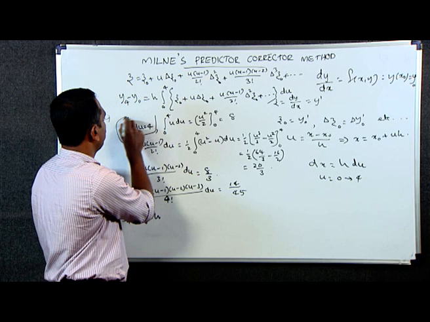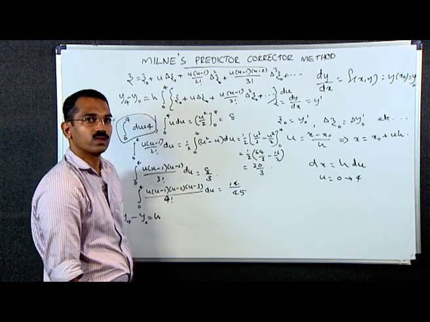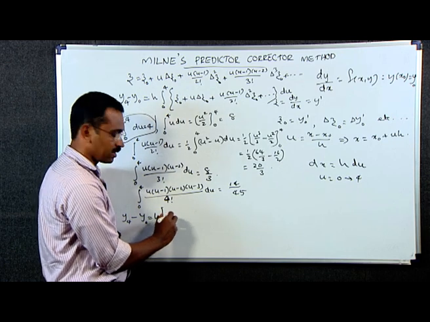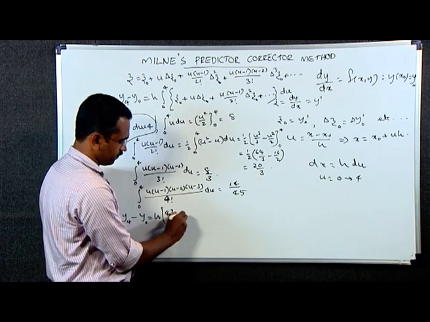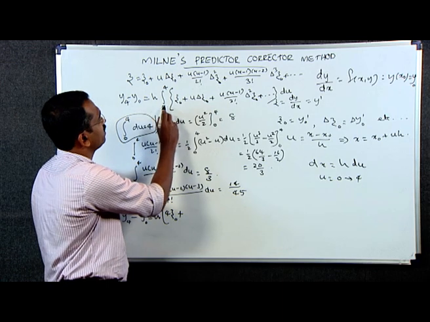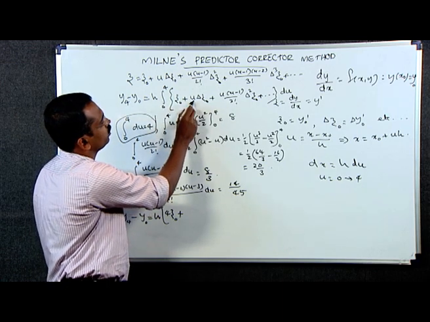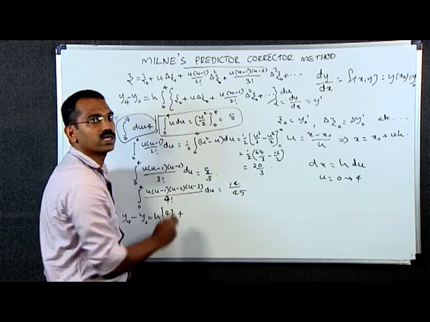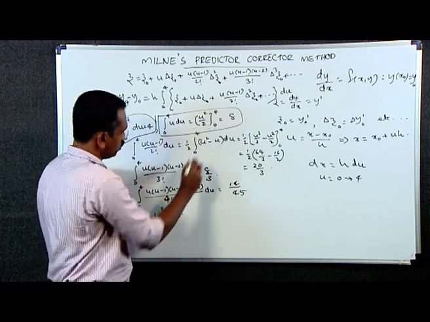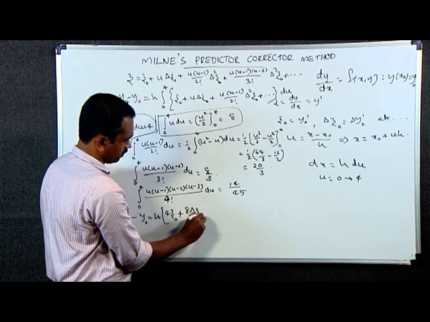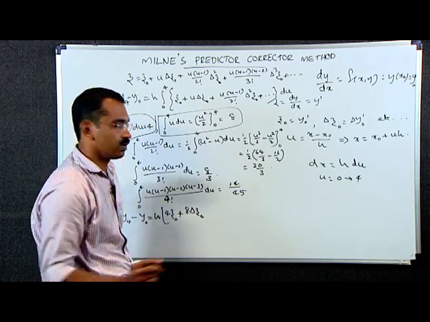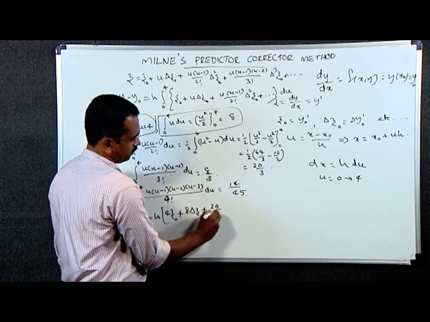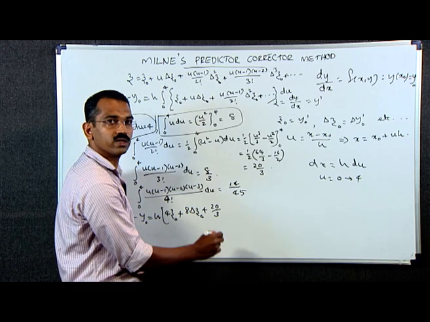This is the value of the first integral, that is h into 4 z0, plus the next integral, integral from 0 to 4 of u into delta z0 du. Therefore, we can write 8 into delta z0, plus next term is 20 divided by 3 into delta square z0.